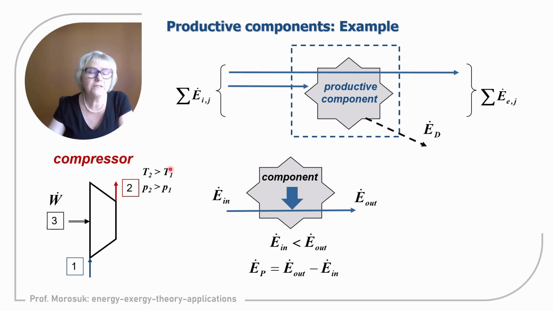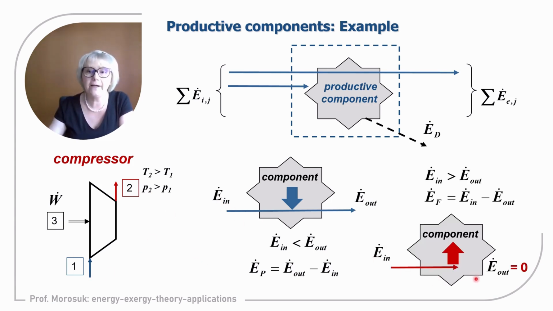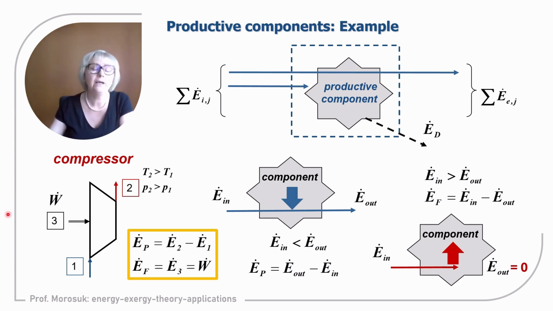At the end of the compressor, we have a temperature higher than the inlet temperature and a pressure higher than the inlet. So exergy is increased, which means it is the product, and work is supplied with no stream going out of the component associated with work. So work is the fuel for the compressor. The exergy of product for the compressor is the exergy at stream 2 minus the exergy at stream 1, the difference, and the fuel of the compressor is associated with the work of the compressor. I repeat, this is the case when the compressor operates at a temperature higher than the environment.